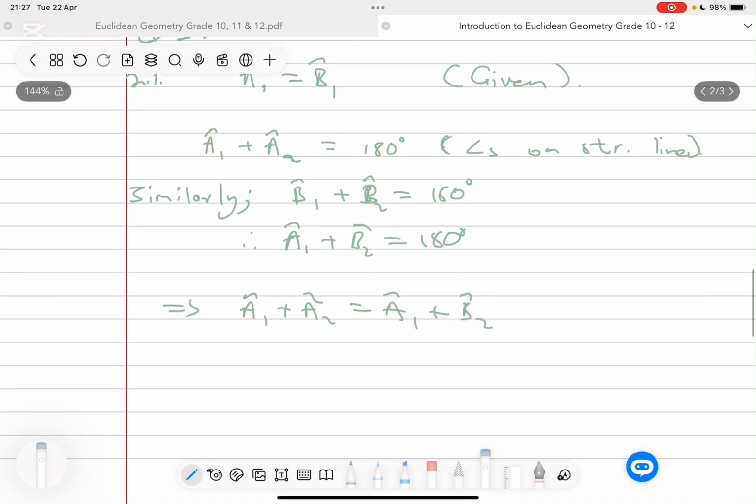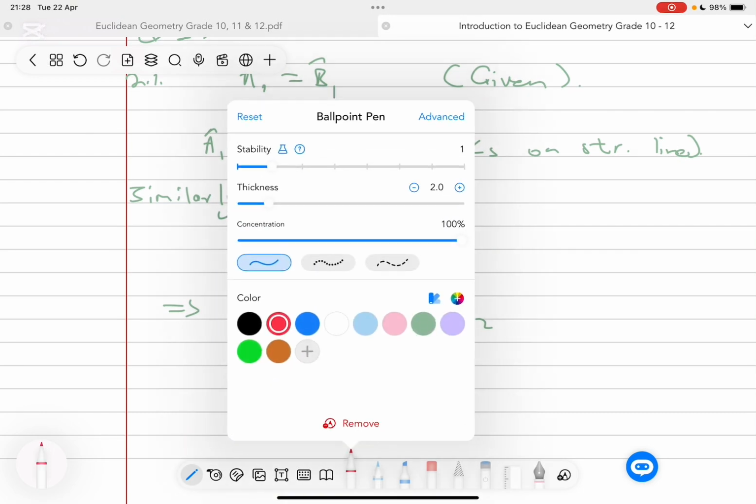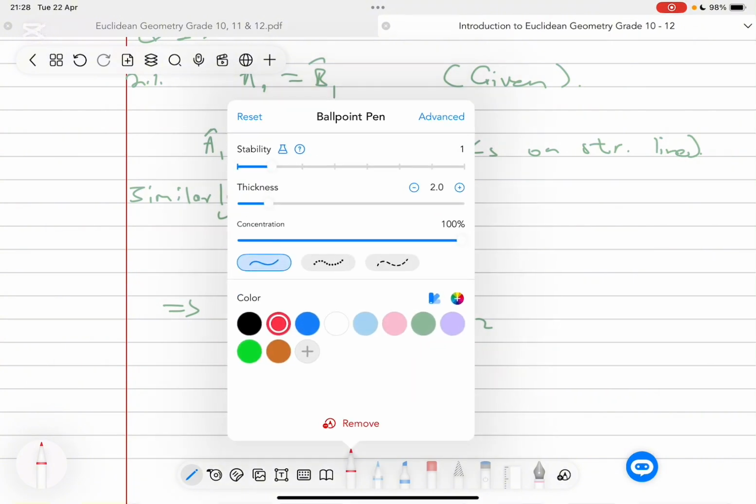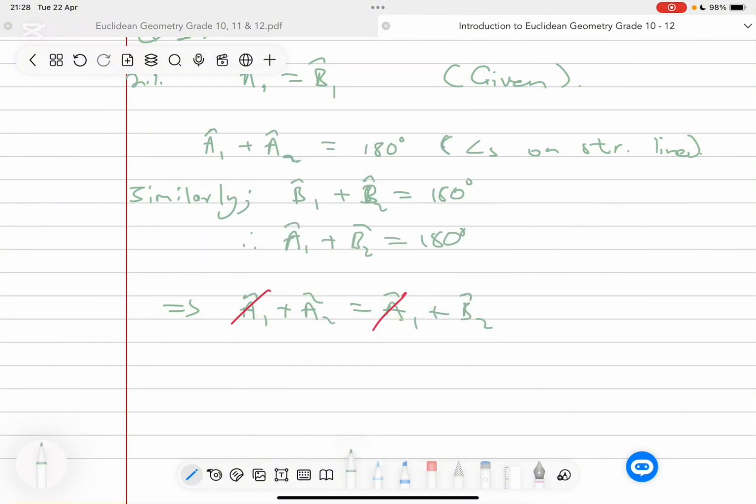The powerful thing here is that we are writing them in terms of A1 and B2 instead of using that 180. At this stage, it should be clear that this angle and this angle will cancel each other when I transpose them.